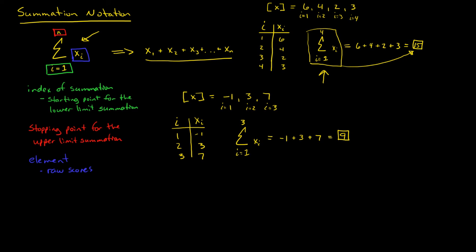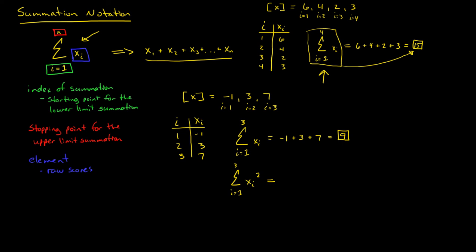Well, let's just say you see it this way now. You see the sum of i equals 1 through 3 of x sub i squared. Well, what does this look like now?